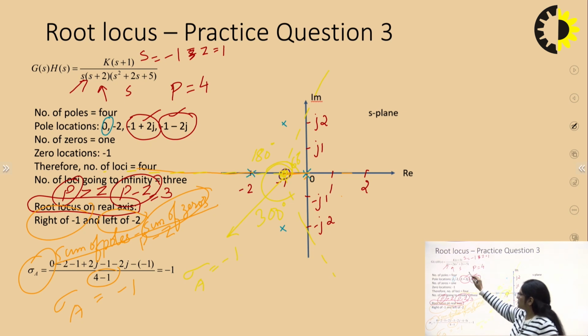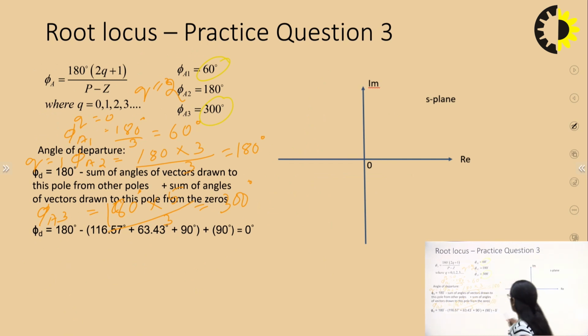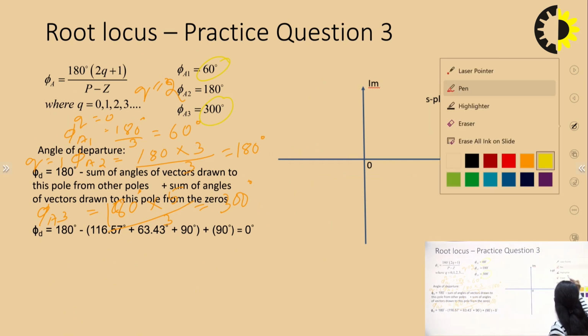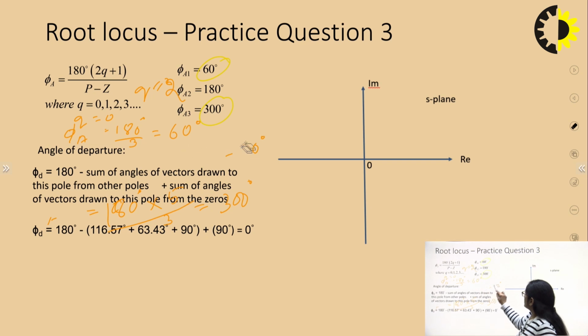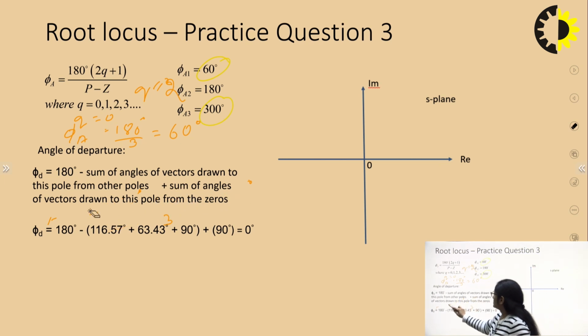Now since we have complex poles, we need to find out the angle of departure. The formula for angle of departure is phi d is equal to 180 degree minus sum of angles of vectors drawn to this pole from other poles, and plus the sum of the angles of vectors drawn to this pole from the zeros.